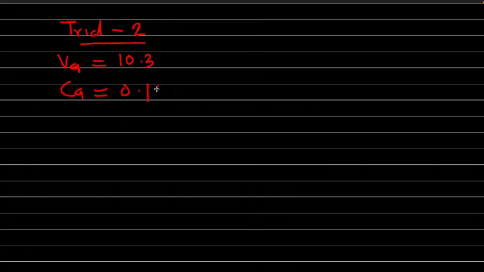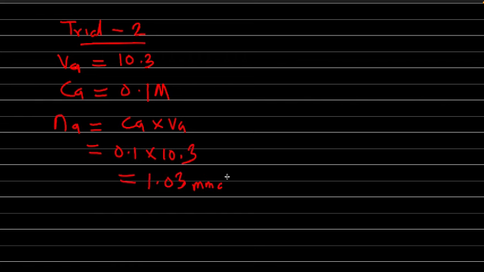Now this is molar, which is equivalent to millimole per mil, based on what we've done so far. So mole, which in this case is the millimole, equals concentration times volume. So this becomes 0.1 times 10.3, and this is 1.03 millimole.